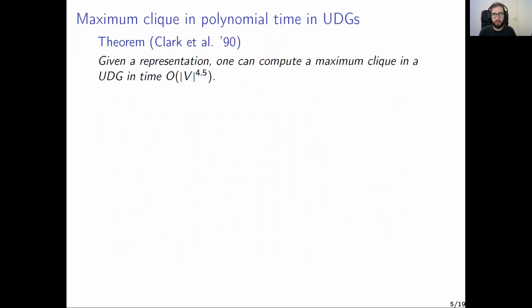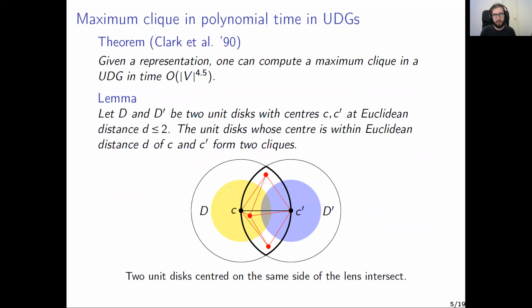So to give you some more details about the proof, I'm going first to discuss this paper by Clark, Colbourn, and Johnson. In that paper, they have a key lemma that is as follows. I'm just going to read it with you. We have two unit disks, D and D prime, with centers c and c prime. And we assume that these centers are within Euclidean distance d, with d being at most 2.